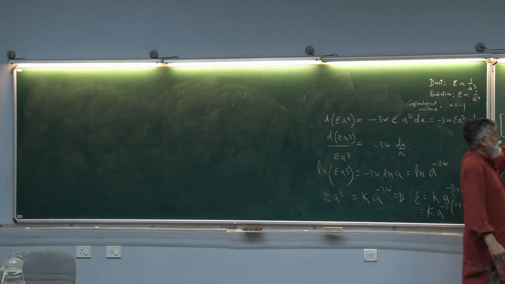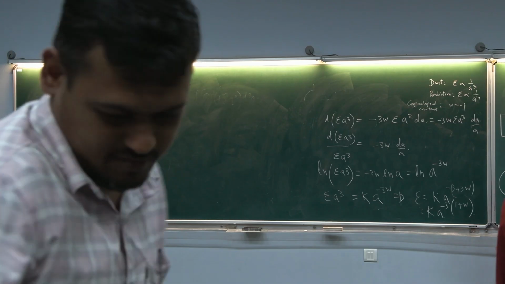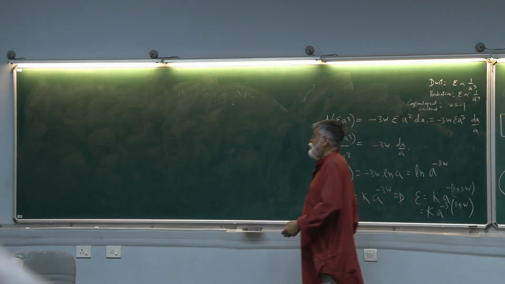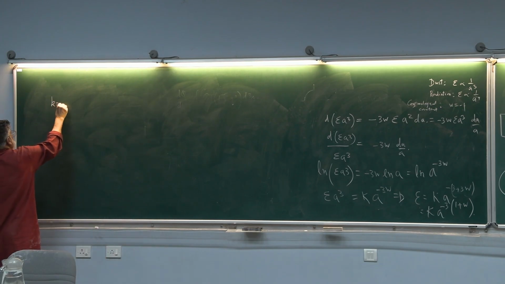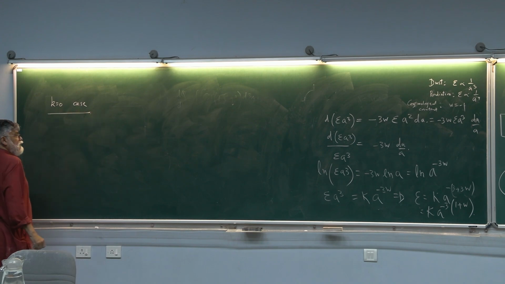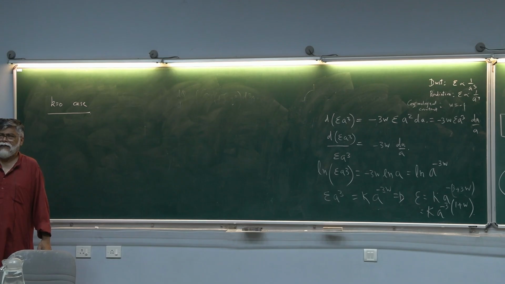So this is your Friedmann-Robertson-Walker line element. Suppose I take the case k equals 0. k equals 0 is called the flat space. It's sometimes called the Einstein-de Sitter universe, sometimes called the flat model. So I'm considering the k equals 0 model.